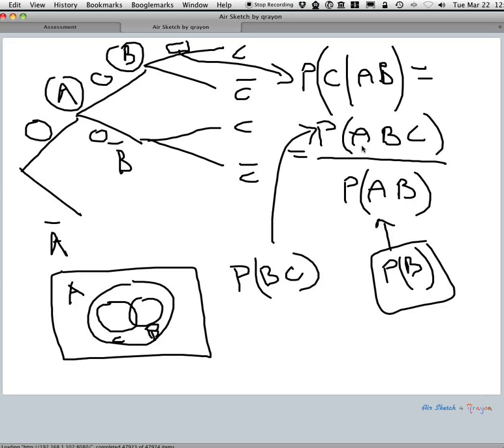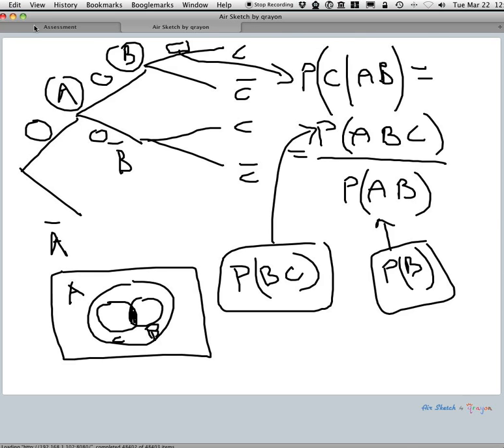What's the common part? Well, the only part that is common to all of them is this one. Because you can see that if you have an element in this part that I have made black, this element will be an element of B, an element of C, and an element of A. It is the only part that has this property. And this is the probability of the intersection of B and C.